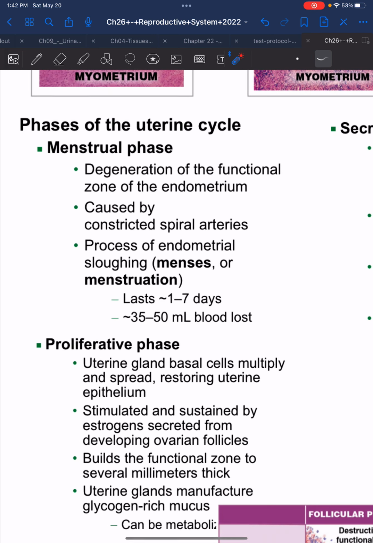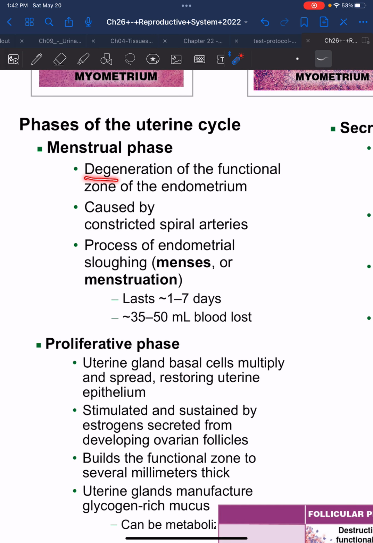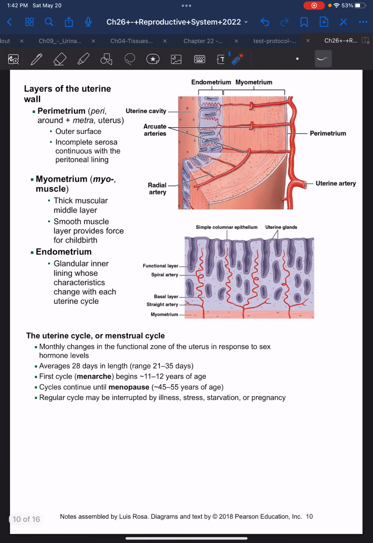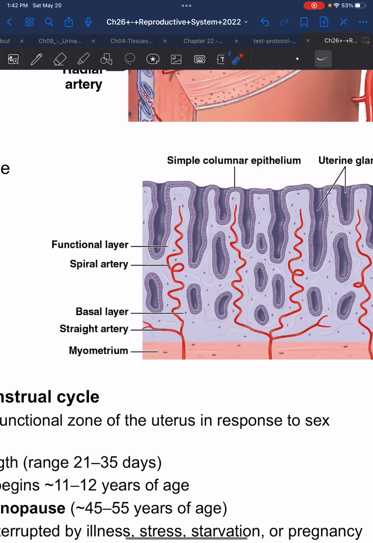And so the menstrual phase is described as the degeneration of that functional zone of the endometrium. It is caused by constriction of spiral arteries, and if we go back to our previous slide, we can see our spiral arteries are going to be these arteries that go into the functional layer.